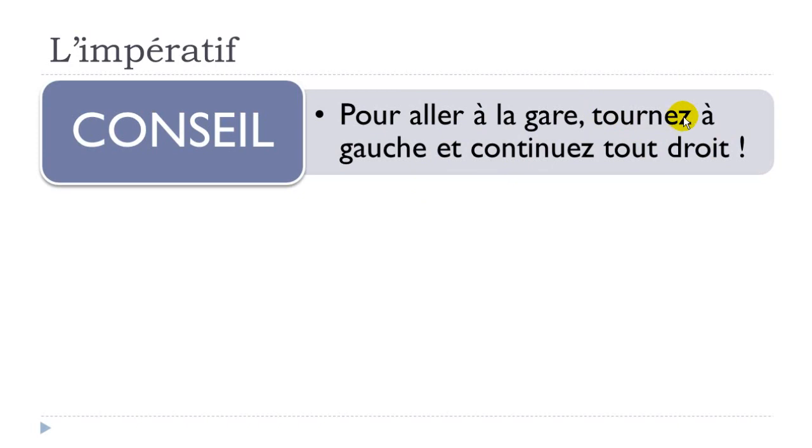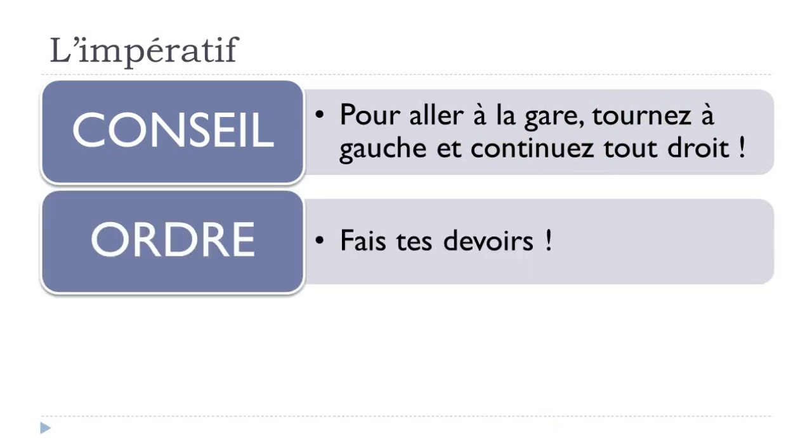So tourner and continuer here are in the imperative form. Normally at this level, maybe it rings a bell and you can think that they look like something we saw previously.